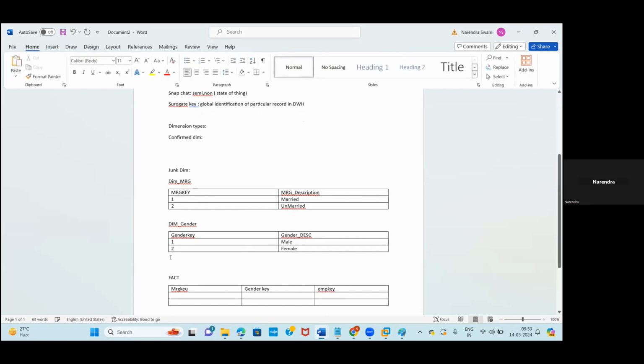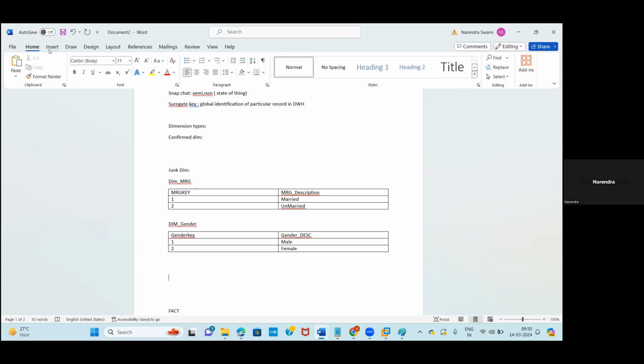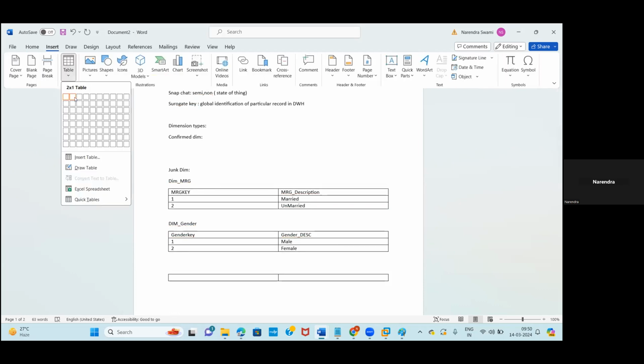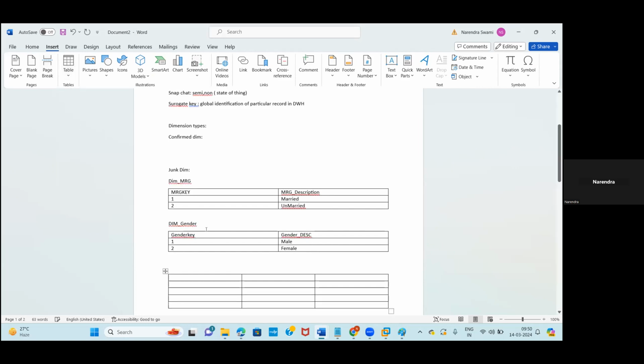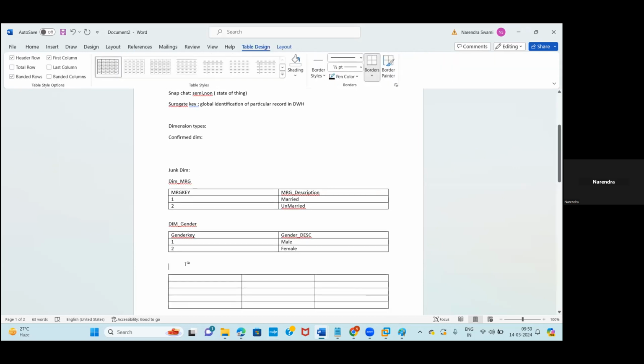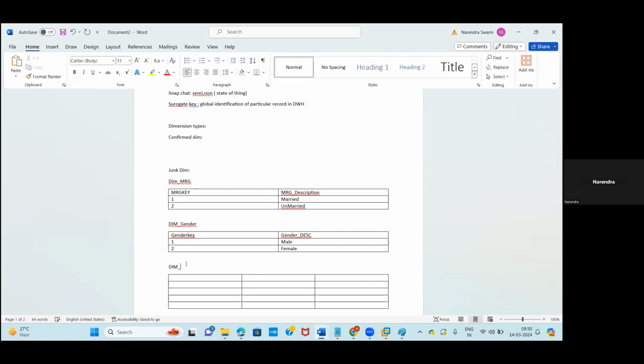But instead of this, can we combine these two tables into one table? Yes. How can we combine? Same thing I'm using. This is called a dim marriage and gender table.